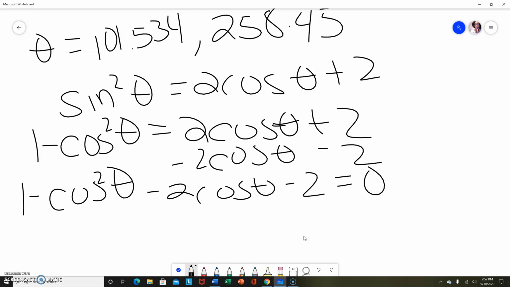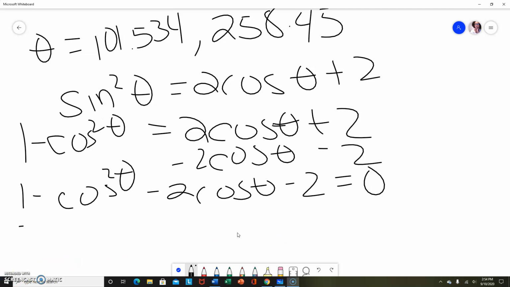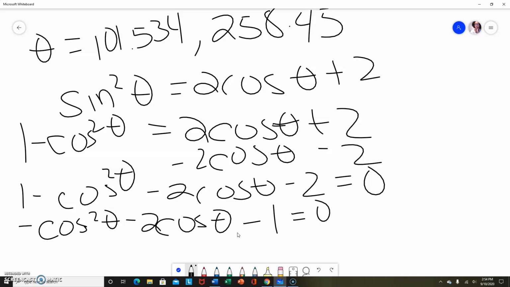So when I combine my like terms, all right, so I get negative cosine squared theta minus 2 cosine theta minus 1 equals 0.